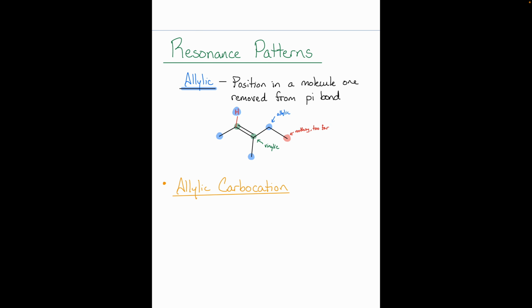All right, so let's just draw an example here of an allylic carbocation. Again, I'm going to need that carbon-carbon double bond.